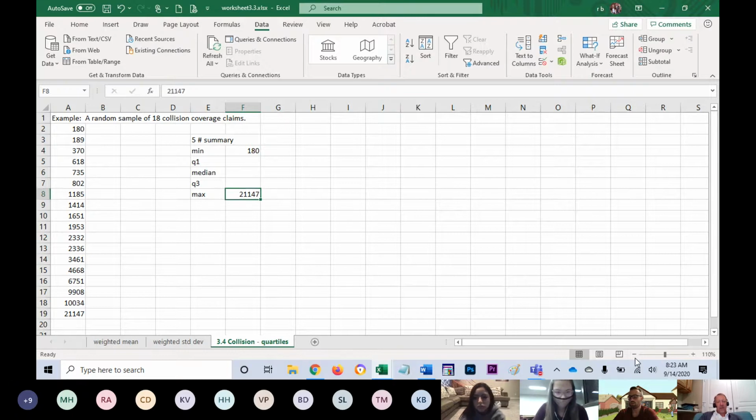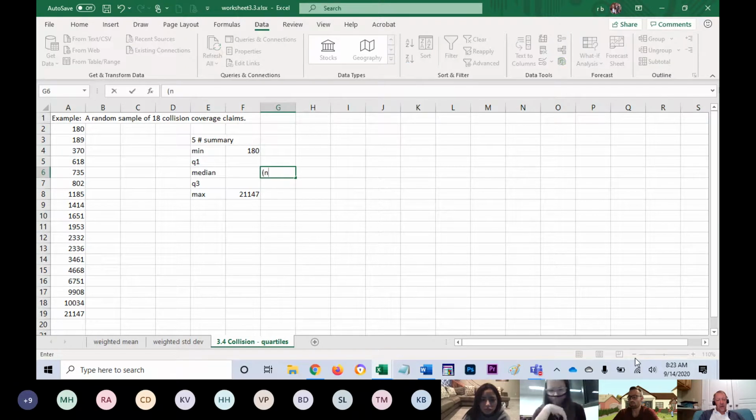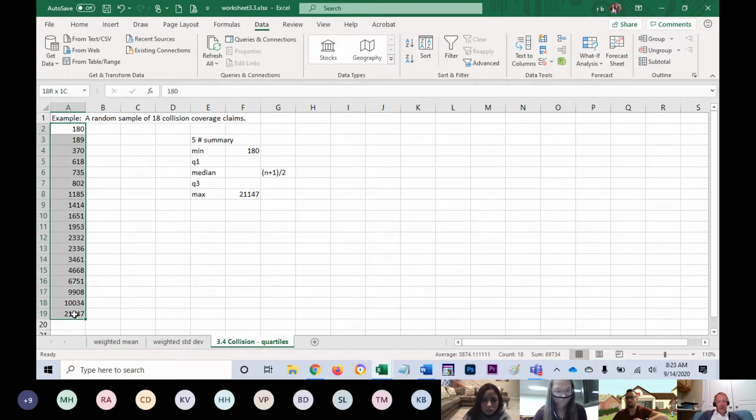Okay, and then do you remember how to find the median? What's the formula for the median? That's the middle number, correct? Or is that the average? No, that's the middle number. You take the n numbers plus 1 divided by 2. Okay, so in this case, let me highlight these really quickly here.